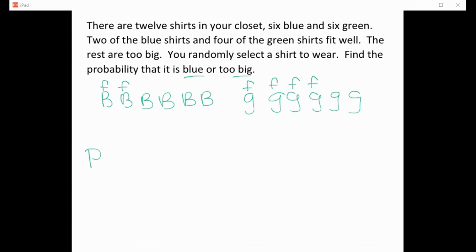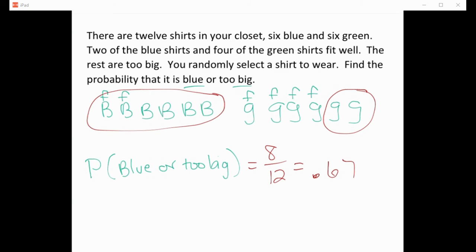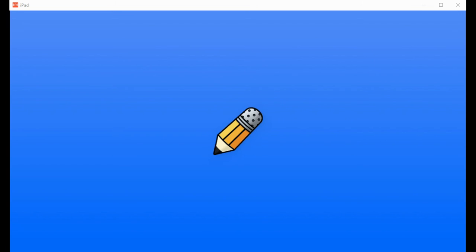To find the probability that it is blue or too big, I'm going to circle all of the ones that are blue, so every blue shirt, and then any green ones that are too big. So that's 8 out of 12, which is 0.6 repeating. So there you go.